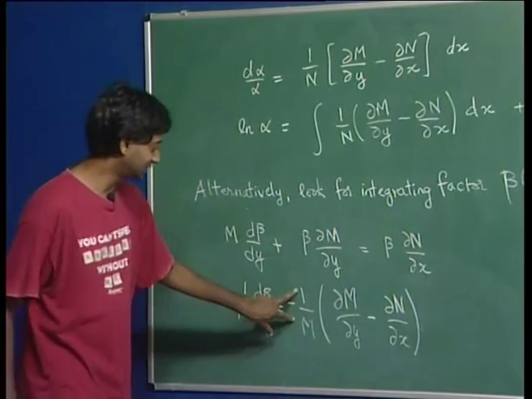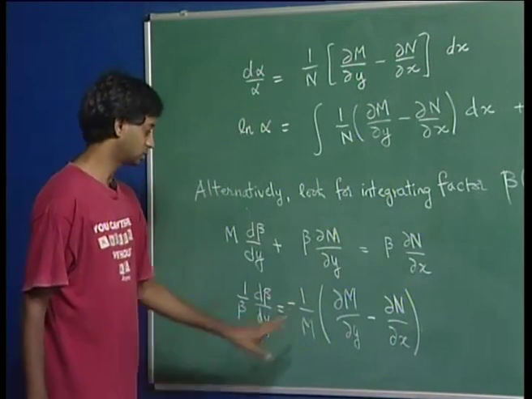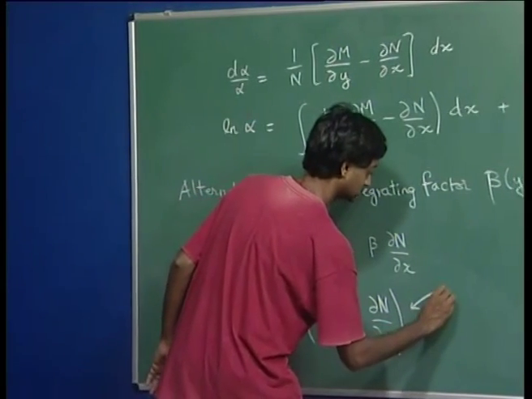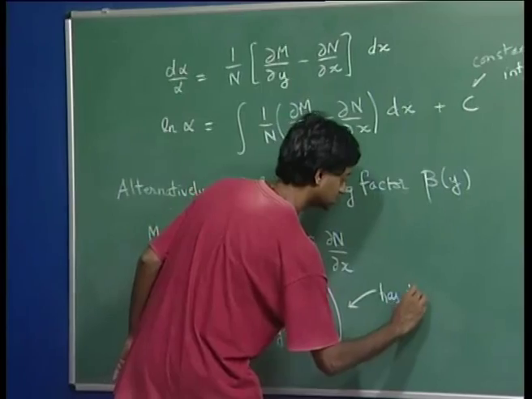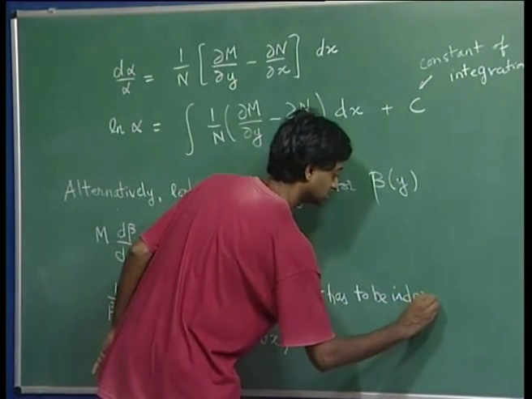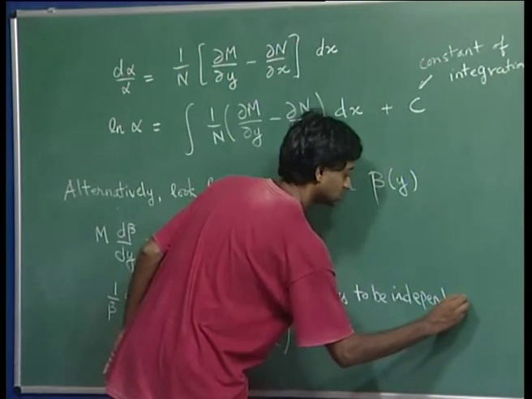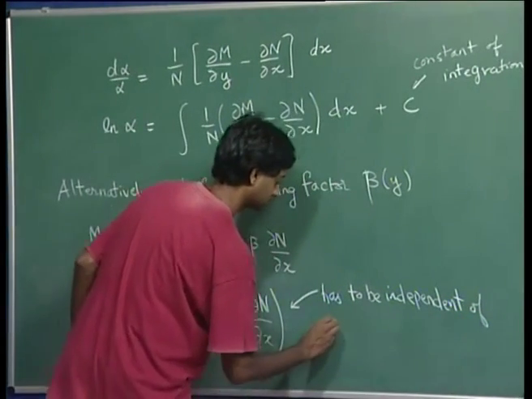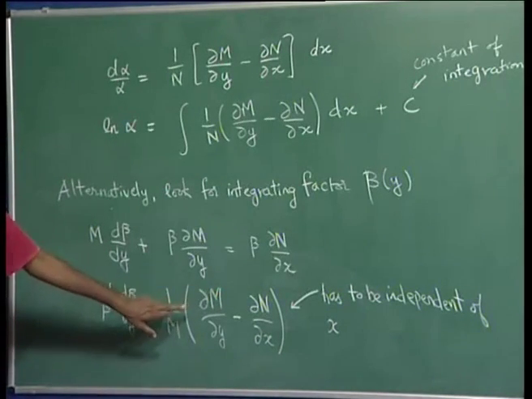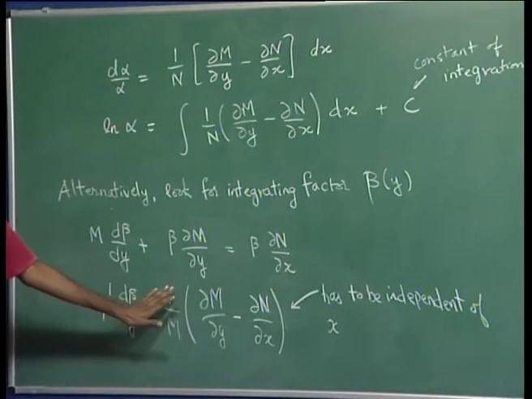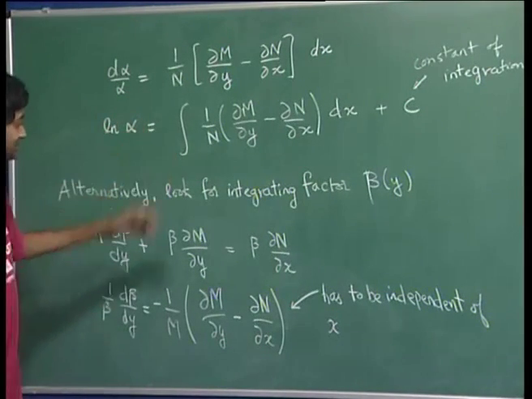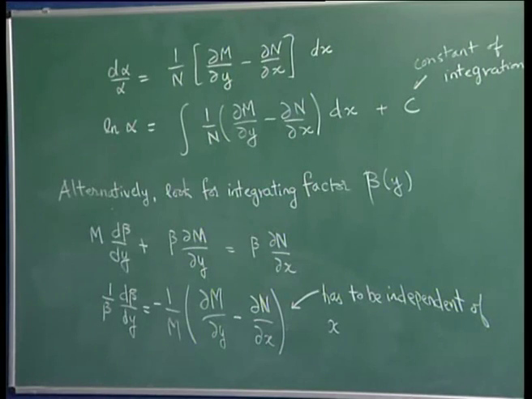So, the condition is that the right hand side should depend only on y. So, this has to be independent of x. So, if this right hand side is independent of x, then you can find this integration factor beta of y, and you can calculate beta in the same way by integrating out.